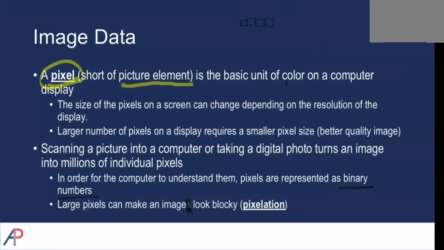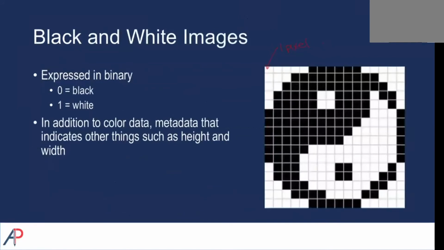A larger number of pixels on a display requires a smaller pixel size. In this case, our pixel sizes are large, and because our pixel sizes are large, we can see the effect of pixelation.